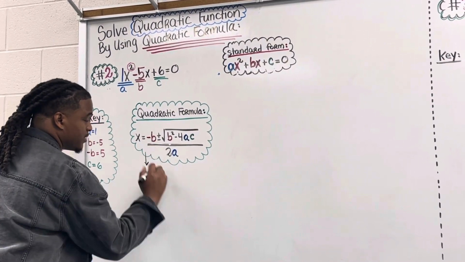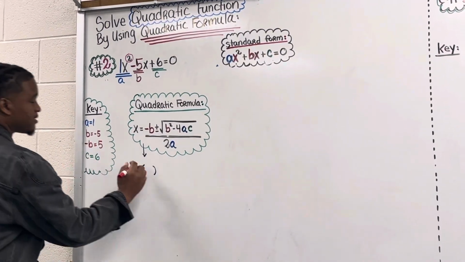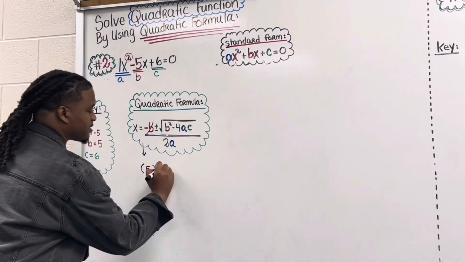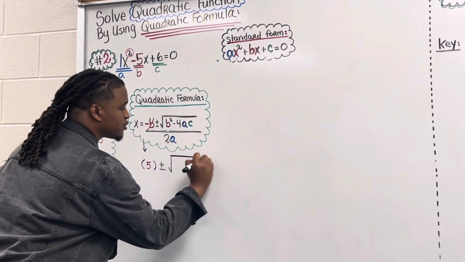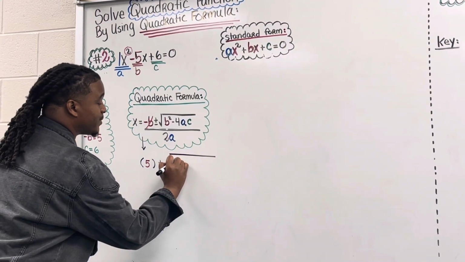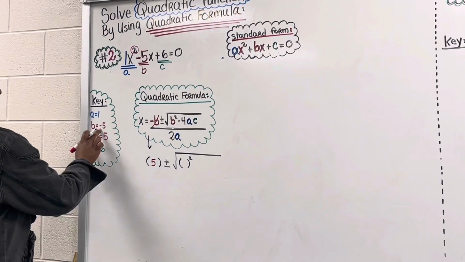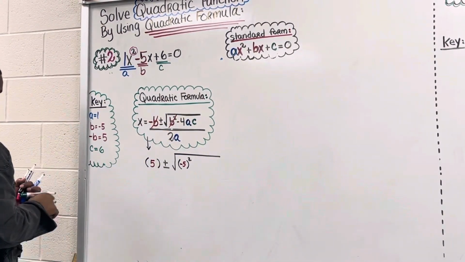The first value, which is the negative b, I know that negative b is a positive 5. So I got that value, okay? So I got a positive 5 plus or minus the square root of, now within the square root, I have b squared. B is -5, so it's -5 squared, okay?